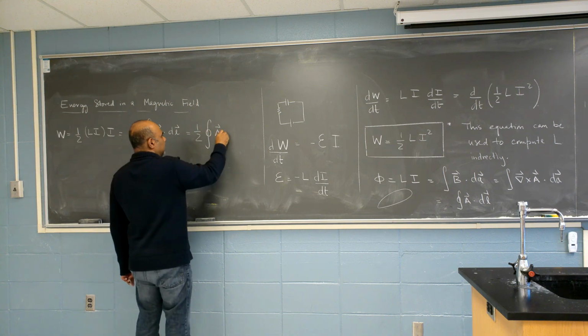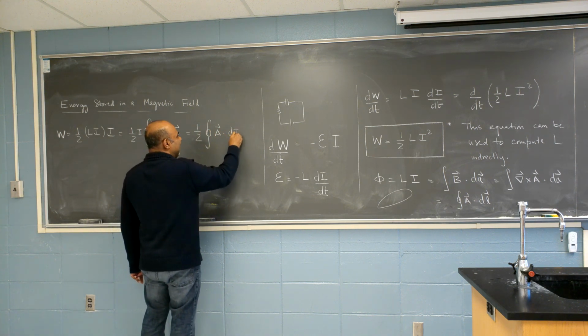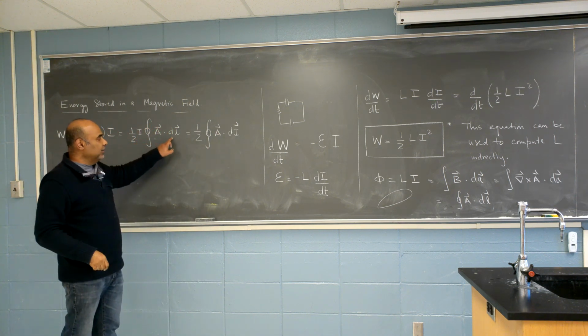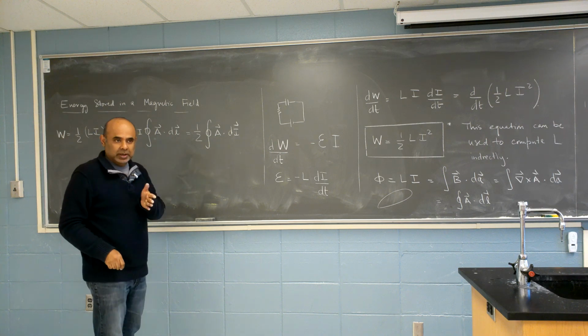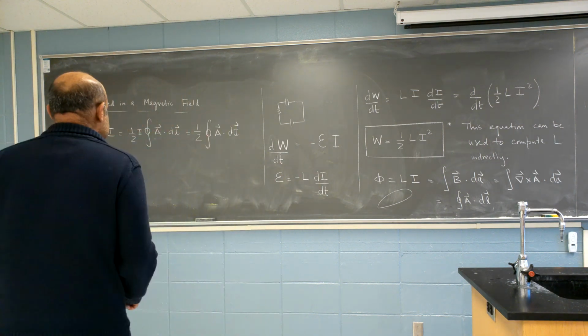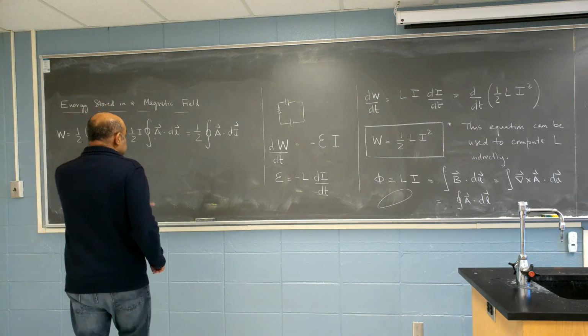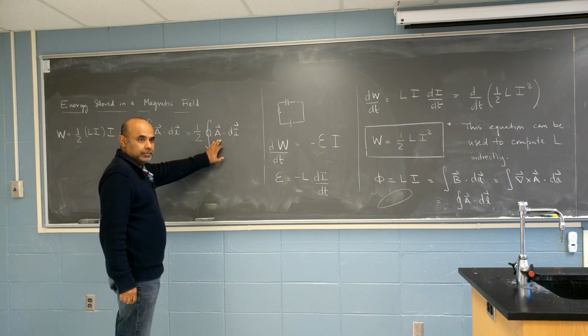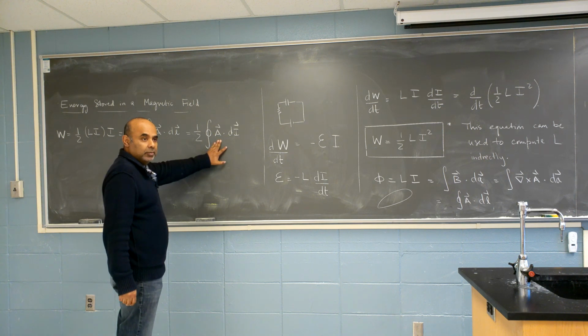I can write this as dl, but with a vector. L times I times dl is dI, because current also flows along the direction of the loop. So this is good if we have only loops. But in general, we have volume current.